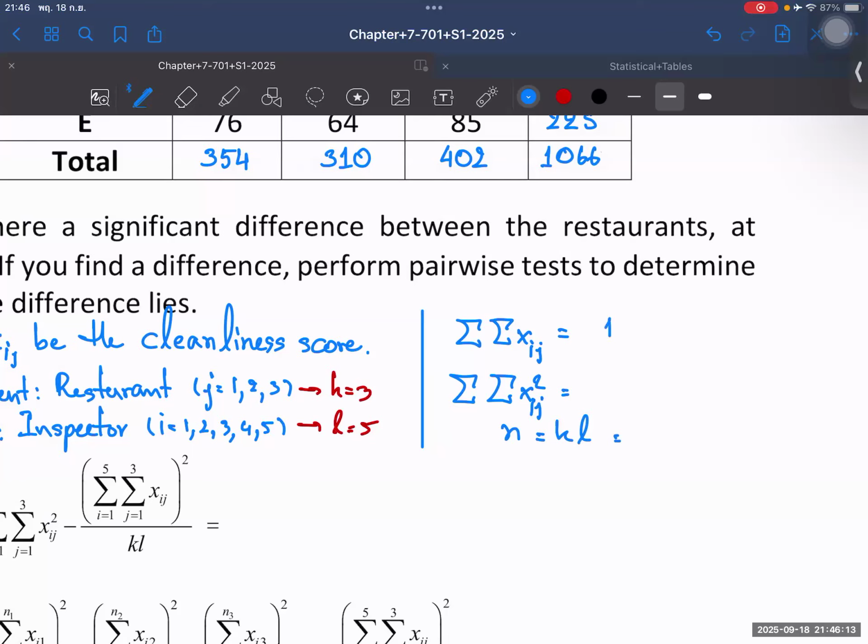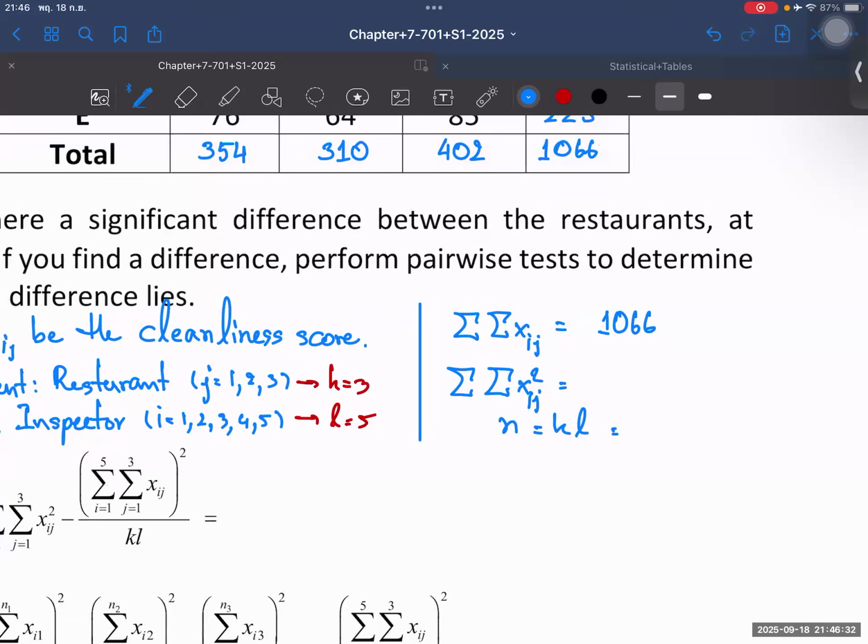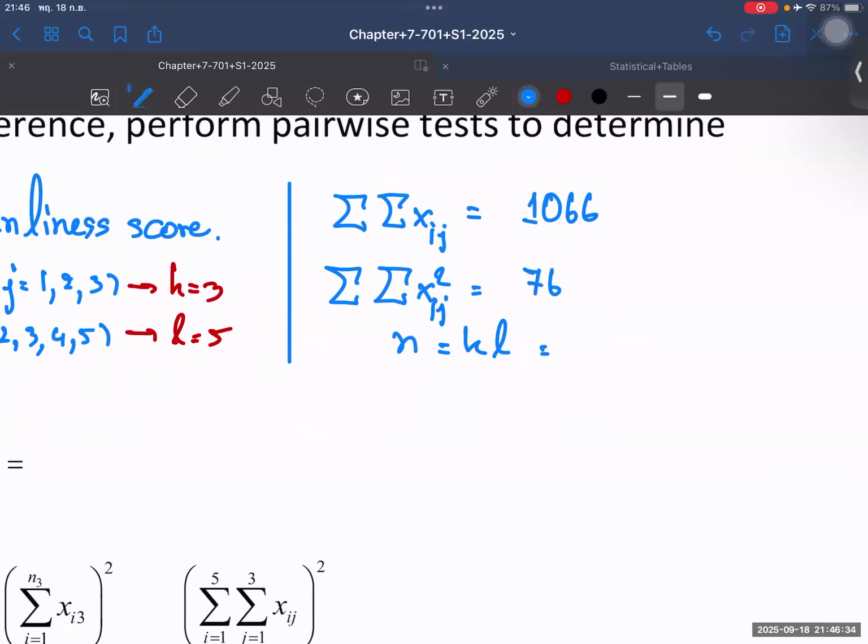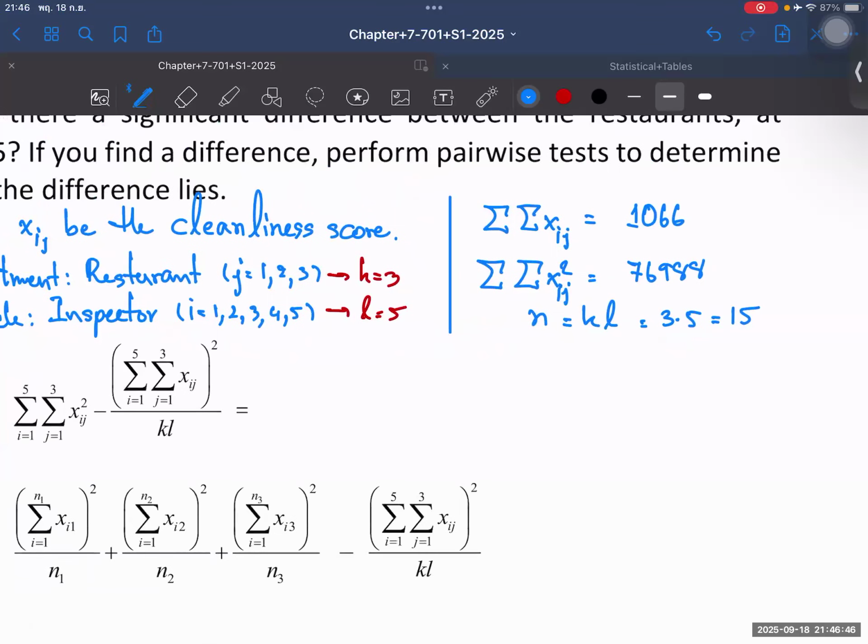This is 1066, and the sum of x squared is 76,988, and we have 3 times 5 is 15 right now.